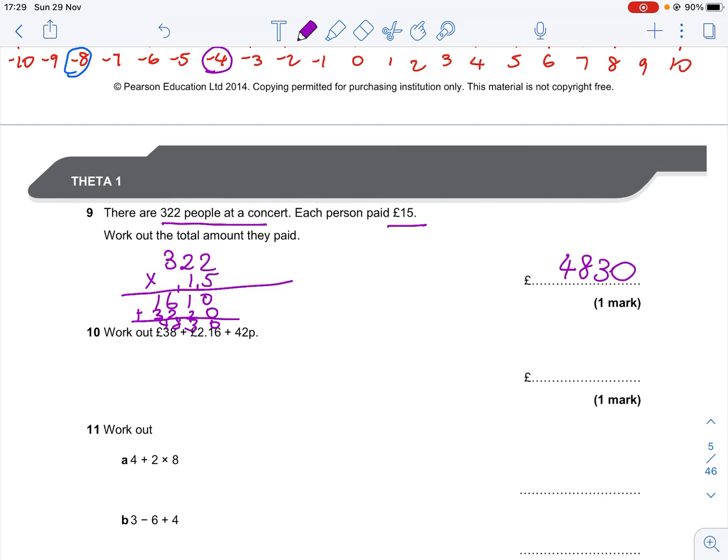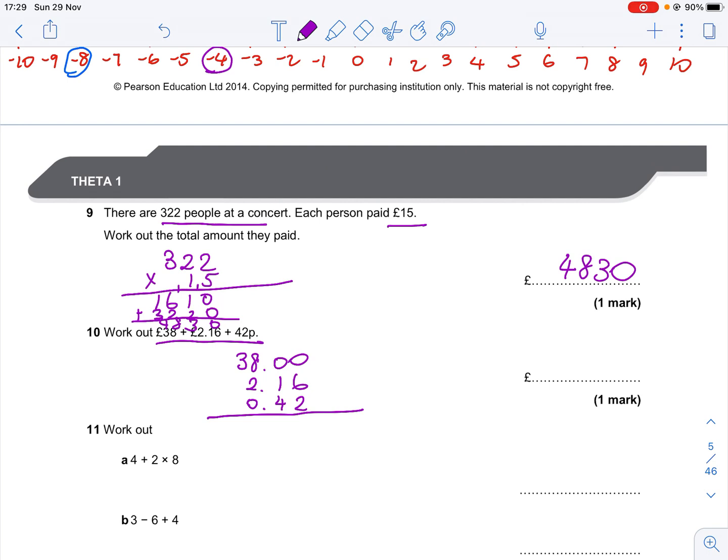So this question, we are adding money. Remember, when we're adding £38, it means 0 pence. We have £2.16 and 42 pence, that's 0.42.